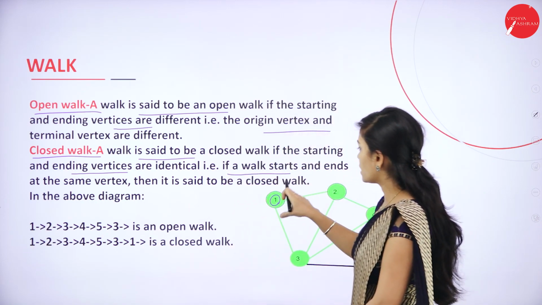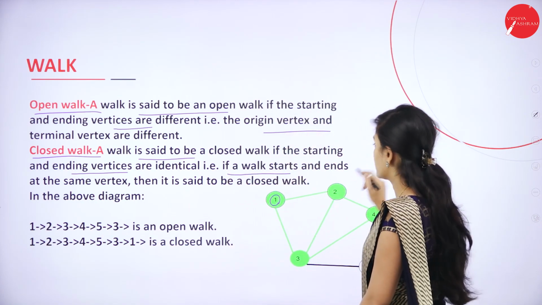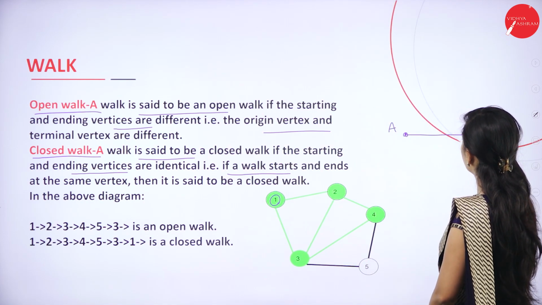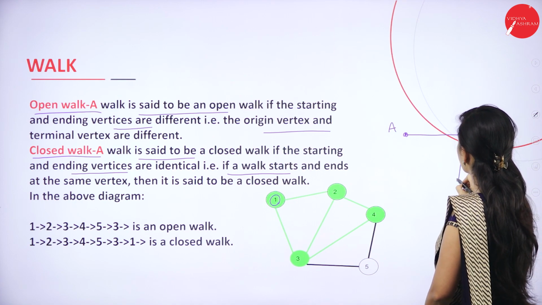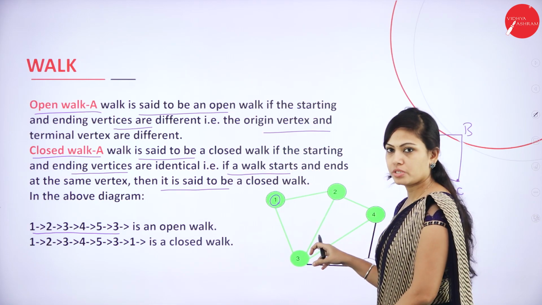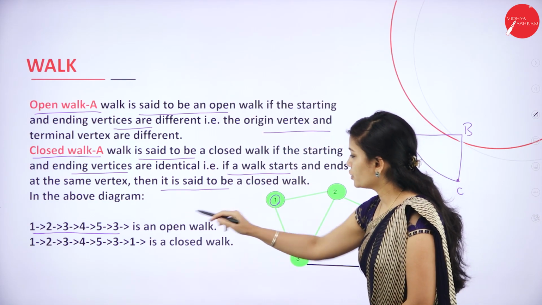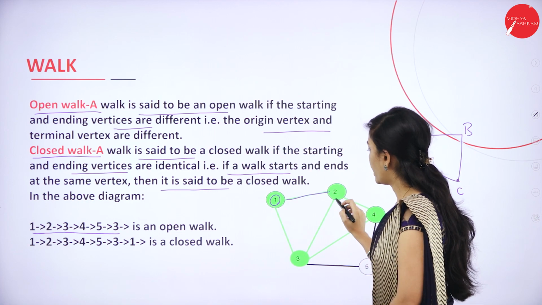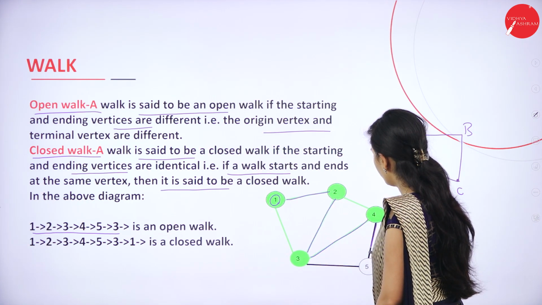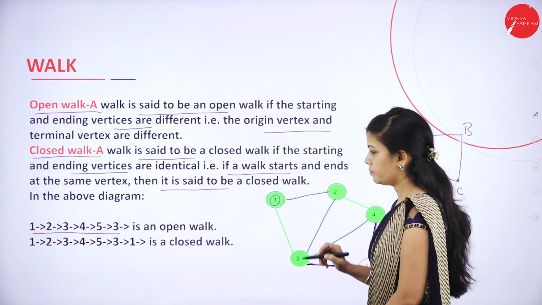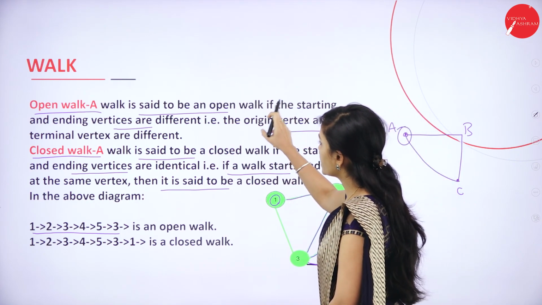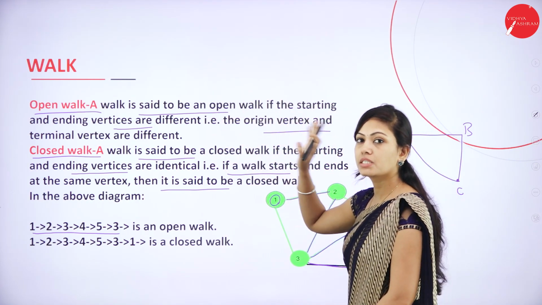If a walk starts and ends at the same vertex, for example, a walk starts from A, B, C and A. Here you just observe this diagram: 1 to 2 and 2 to 3, 3 to 4, 4 to 5, 5 to 3. So this is an open walk because the starting point and ending vertices are different.